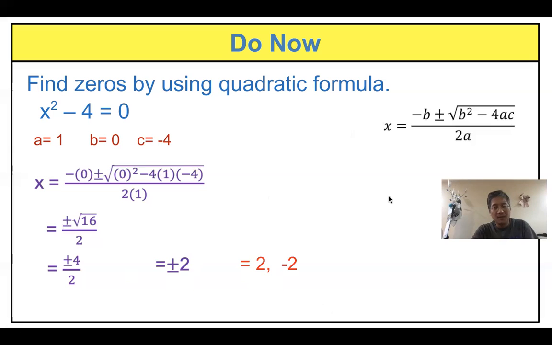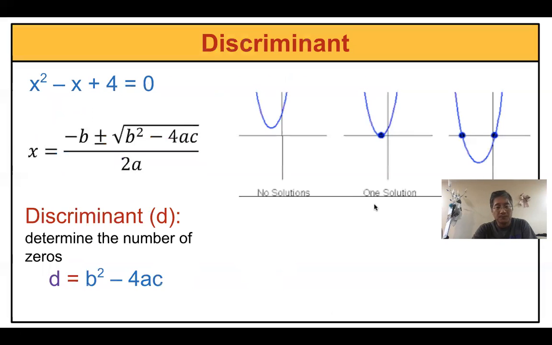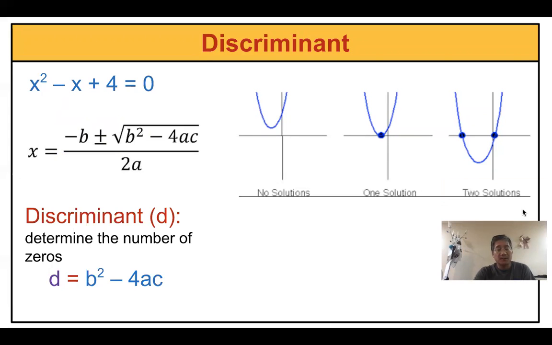Just a little bit, let's talk about a function, x squared minus x plus 4 equal to 0. But before we do this function, we are going to talk about the discriminant.